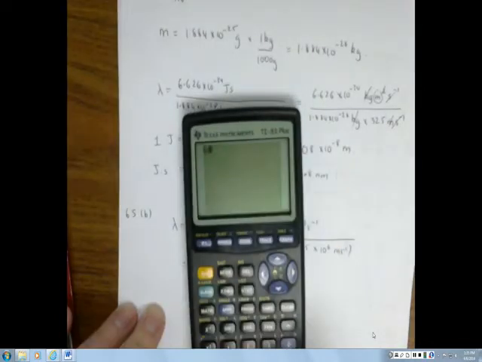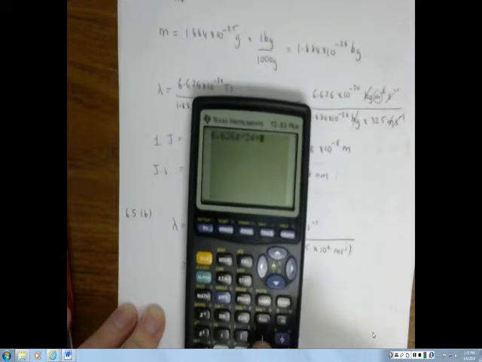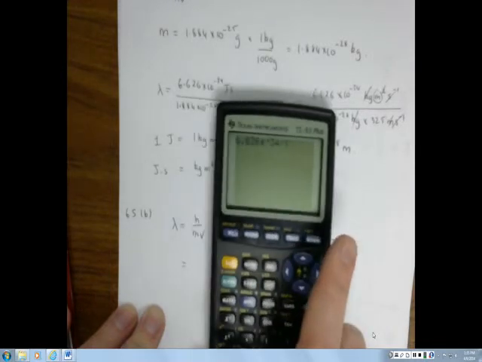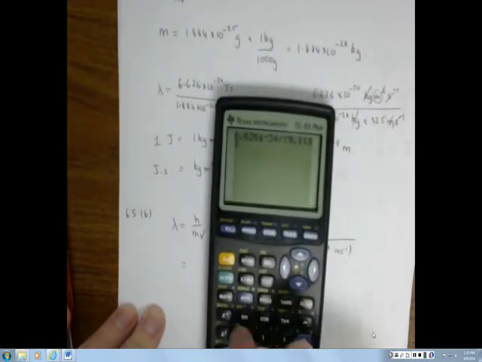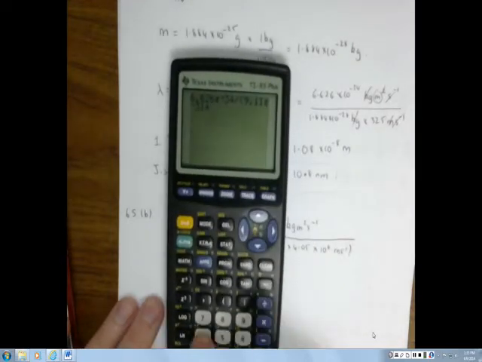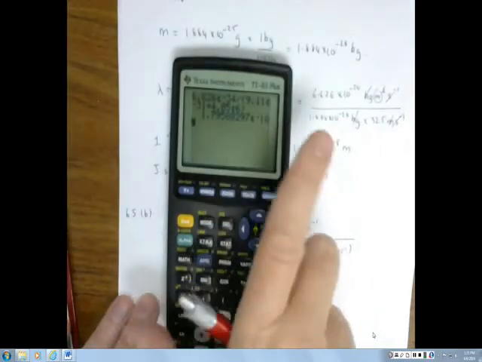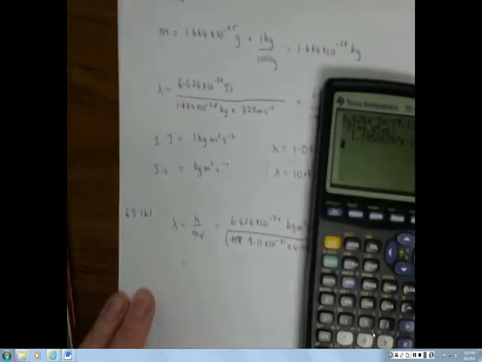Put this in the calculator under here, 6.626 second function e minus 34 divide, parentheses, 9.11 second function e to the minus 31 is the mass of the electron, times its velocity, 4.05 second function e to the 6, close the parentheses, and I got 1.795 times 10 to the minus 10 meters now.